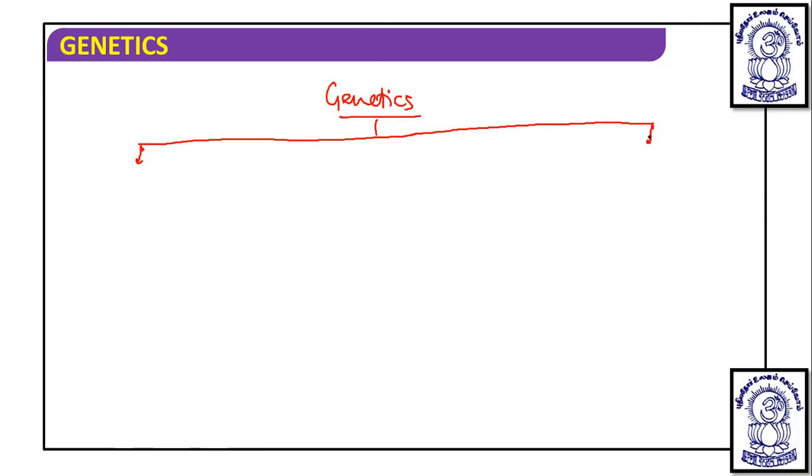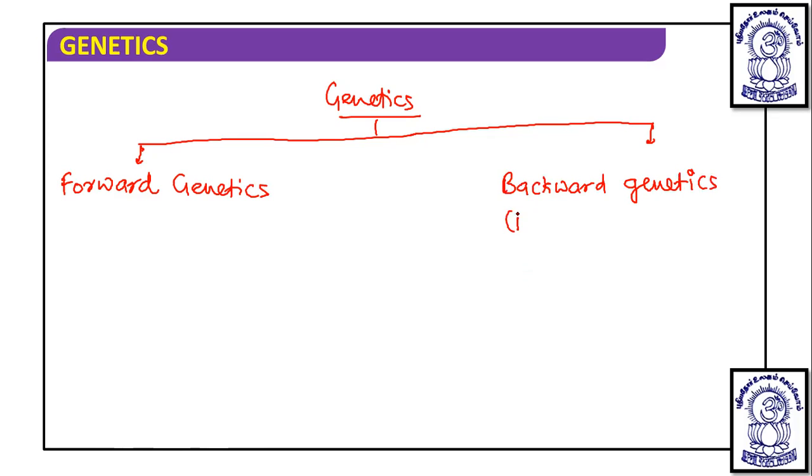One is forward genetics and the other is backward genetics. Backward genetics is also known as reverse genetics. And forward genetics, if we talk, is a study from phenotype to genotype.